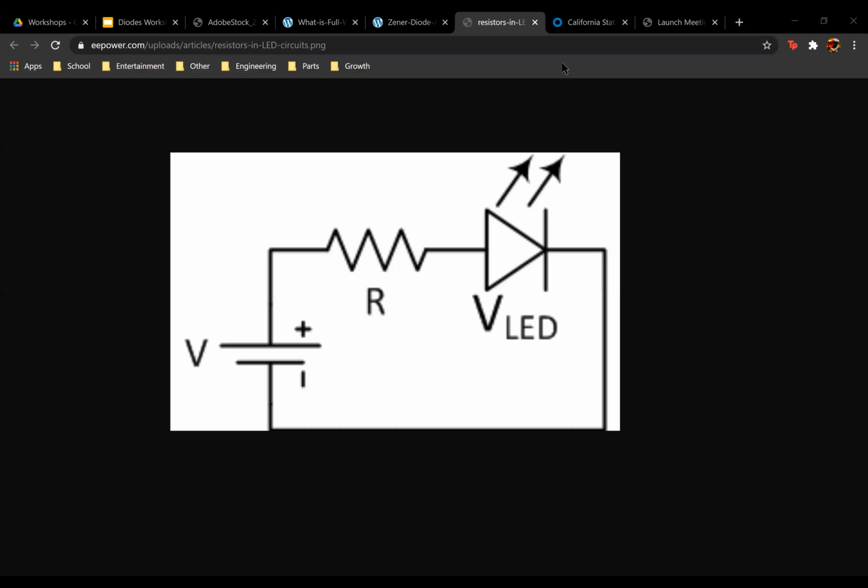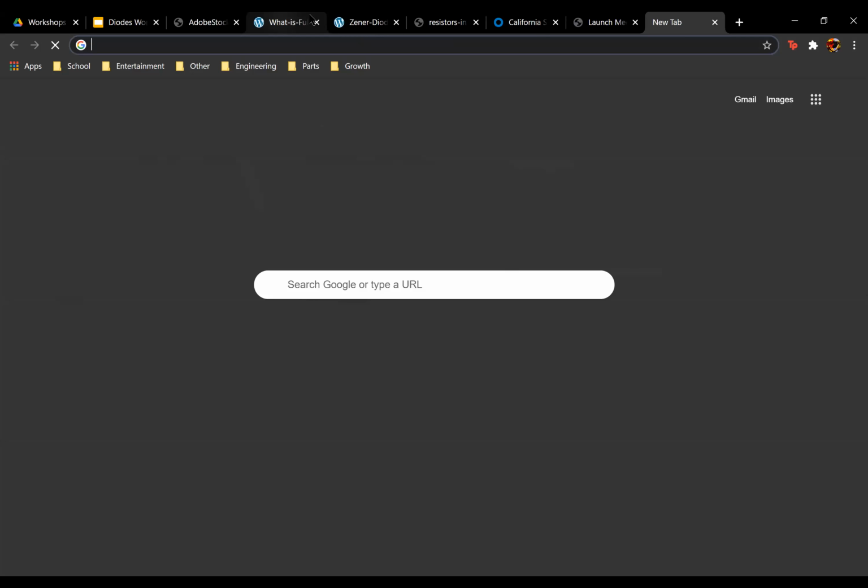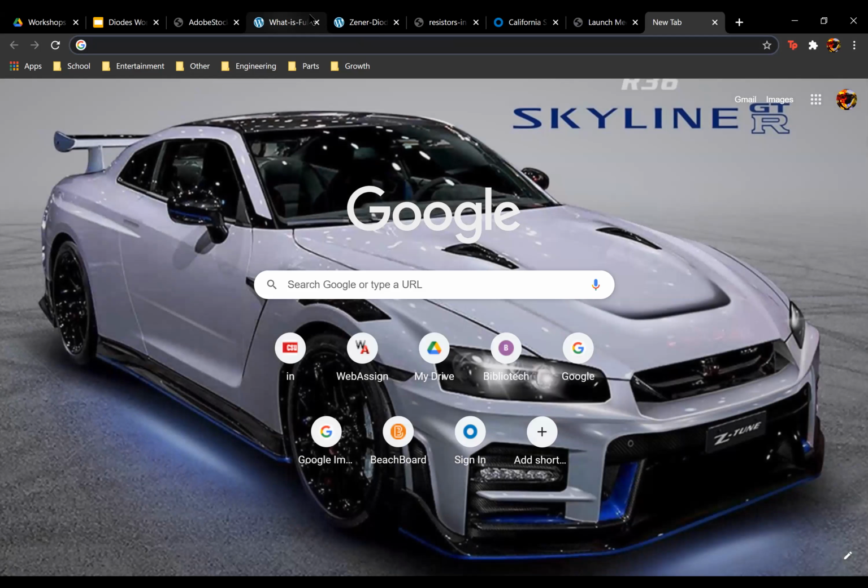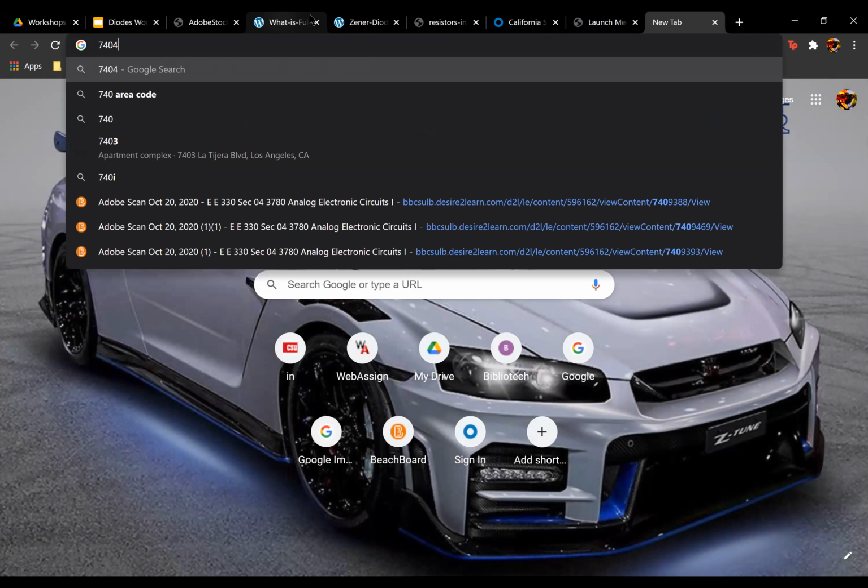Sounds good. One way you guys can learn more about diodes and stuff is YouTube. Literally, YouTube's a lifesaver. Or you guys can also look up some data sheets too. Like we can search up the 7404.